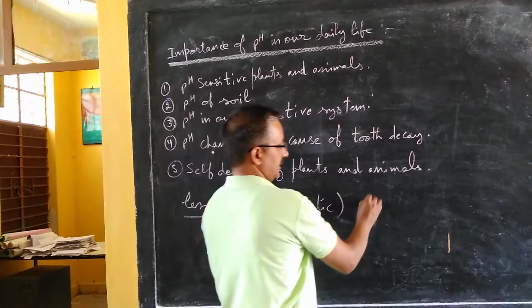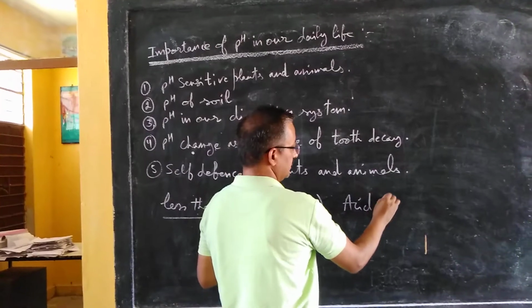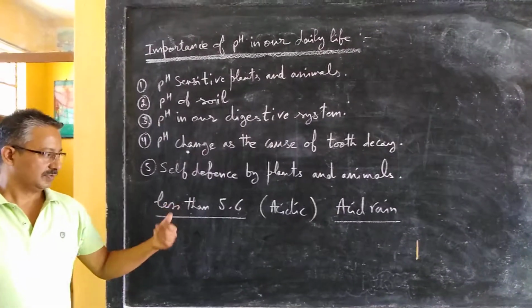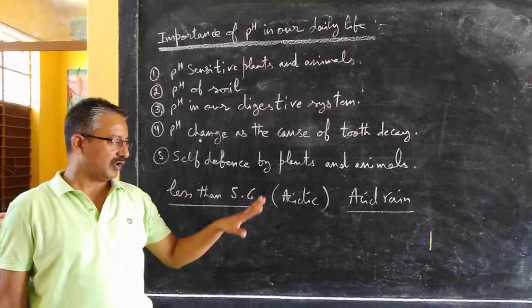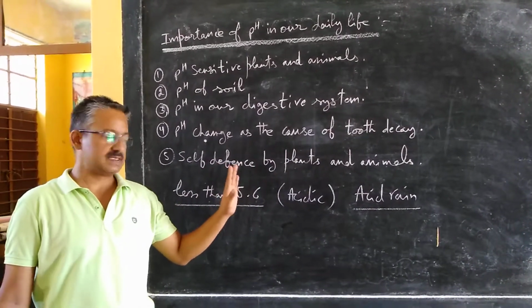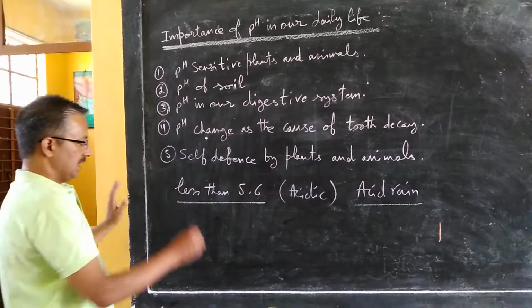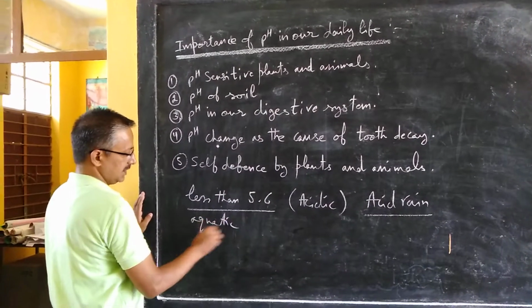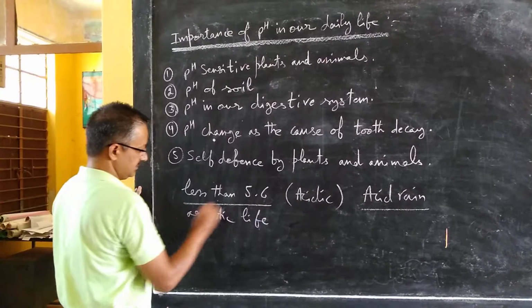Now, what is the effect? Because of acid rain, when that water comes down, it ultimately goes to rivers and ponds and the sea. So, their aquatic life gets disturbed.